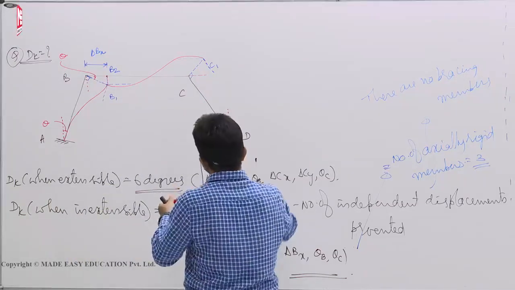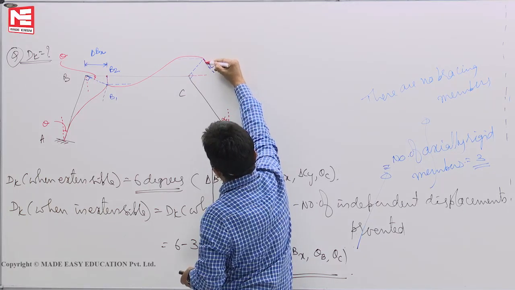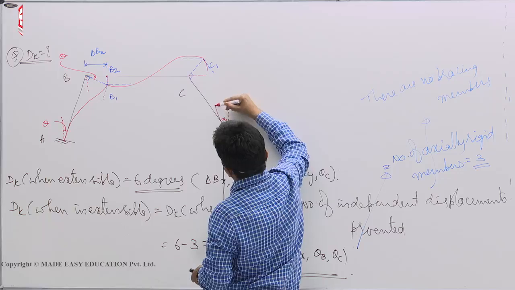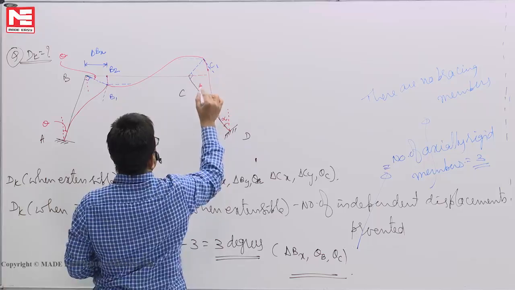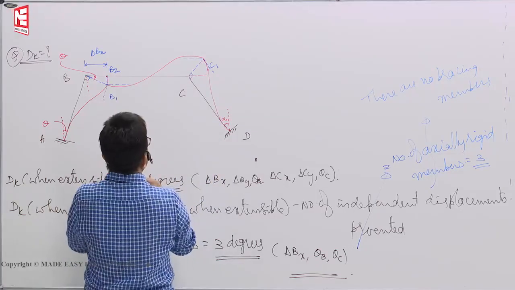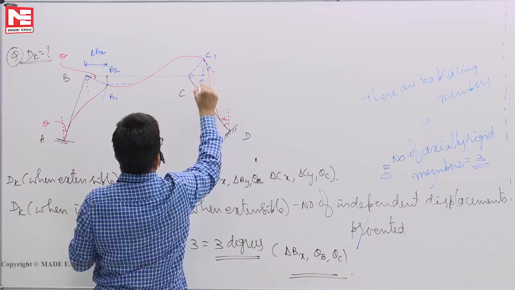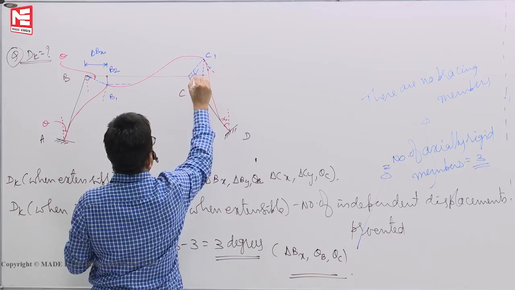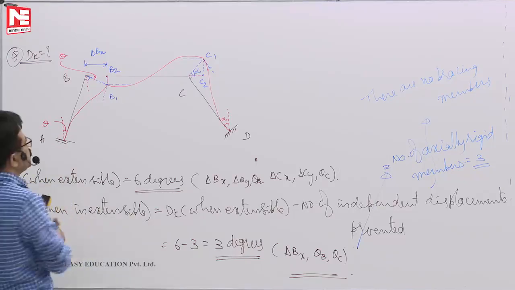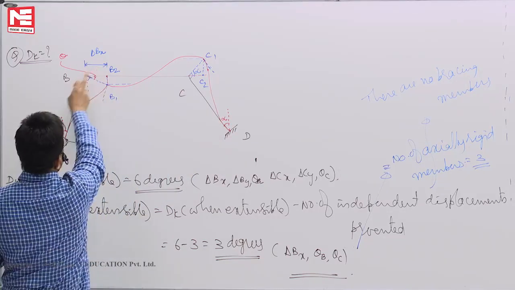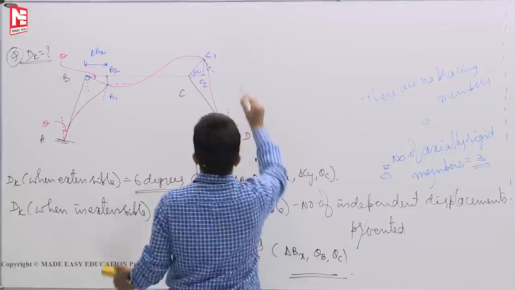The deflection profile for this one will go like this. This is hogging, so here also it should hog. Like this, hogging is done. C has come to C1. If I drop a vertical line here, this is C1, this is C2. If this angle is alpha, this has to be alpha. Now, from the trigonometric relationship, once I know delta Bx or BB1, all other things I can find. Let us see what we can find here.